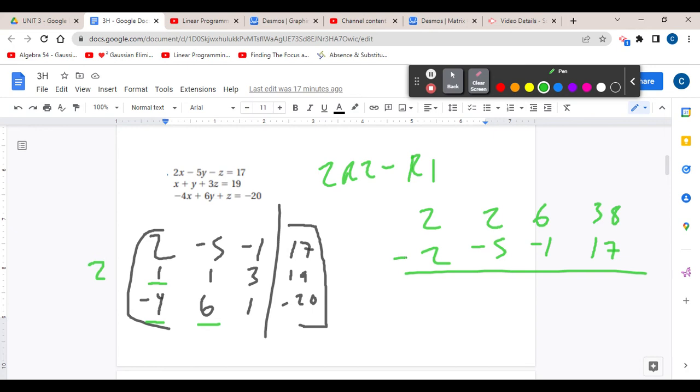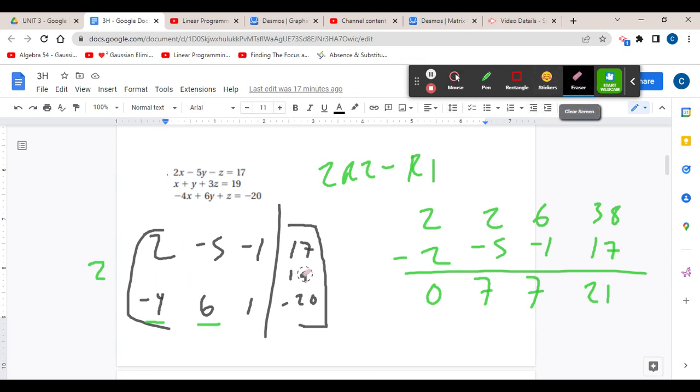Subtract them out. 2 minus 2 is 0. 2 minus negative 5 is 7. 6 minus negative 1 is also 7. 38 minus 17, I believe, is 21. All right, so we took care of this row. So now we've got 0, 7, 7, 21.